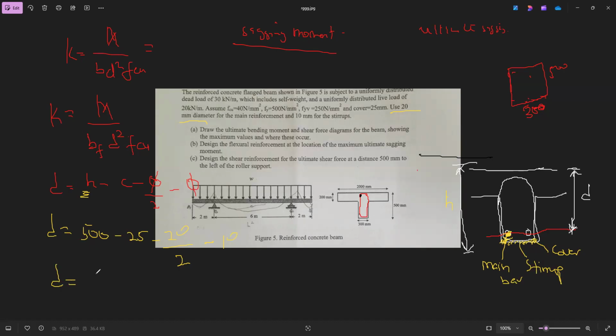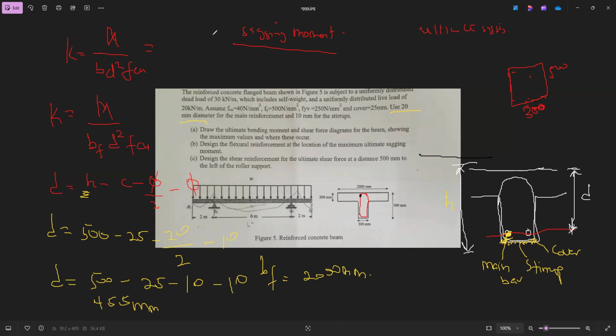So what are we having here? 500 minus 25 minus 10 minus 10 minus 20 is 455. So d is 455 mm. Let's put it there. And bf is the breadth of flange, which is 2000 mm.